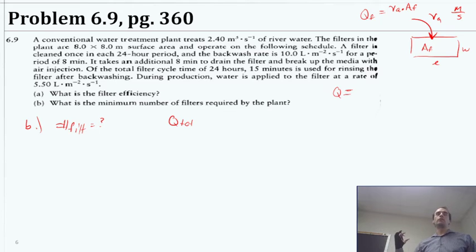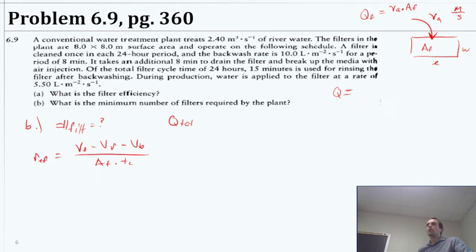The downtime of the filters is captured if we use that effective loading rate, REF, which is the volume produced minus the volume used for rinsing, minus the volume used for backwashing, all divided by the area of the filter times the total cycle time.